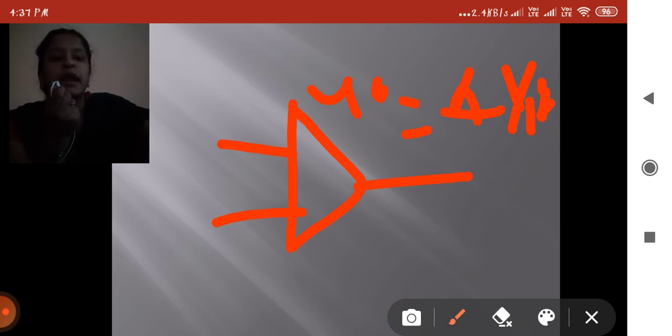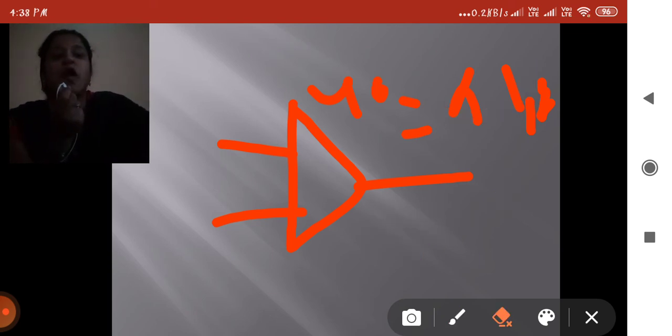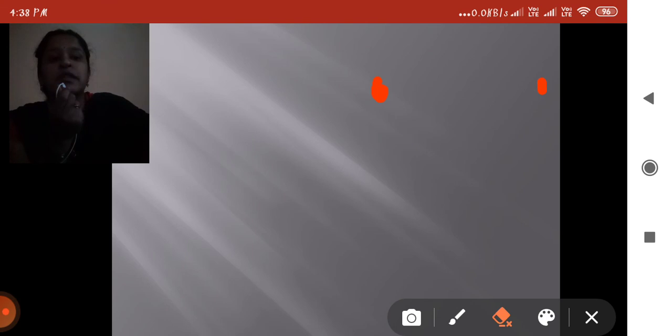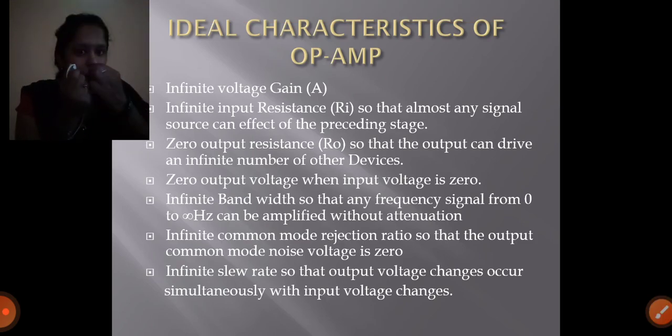If VID is 0, the output voltage will be 0. It is the normal configuration for operational amplifiers. The input voltage is 0, the output voltage will also be 0, right? Zero output.